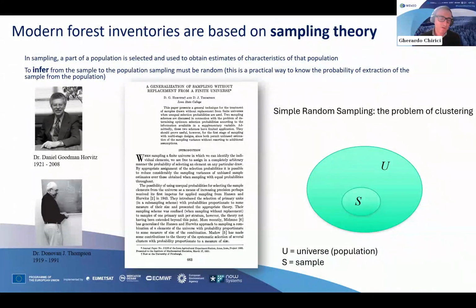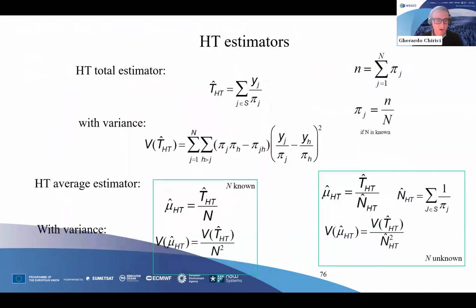This is a very famous paper from Horvitz and Thompson. Nowadays, all the national forest inventories in the world use, somehow, what we call the Horvitz-Thompson estimator.